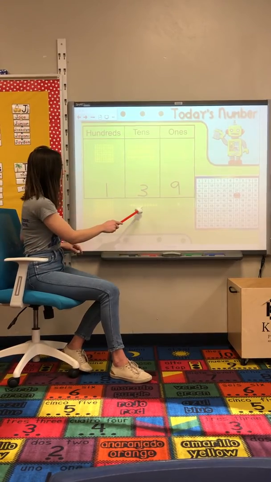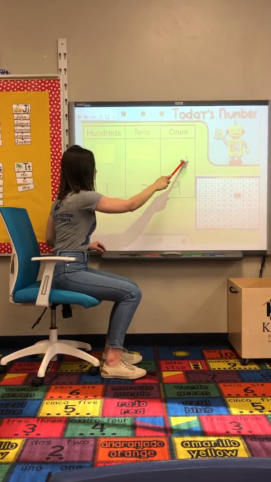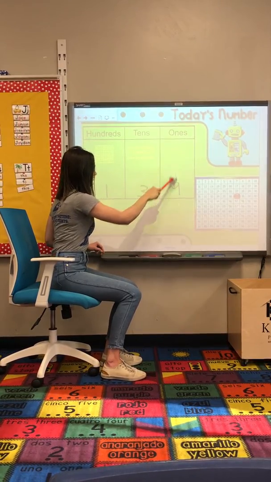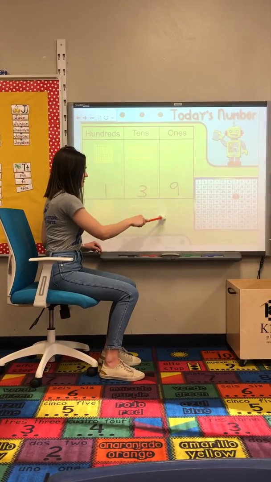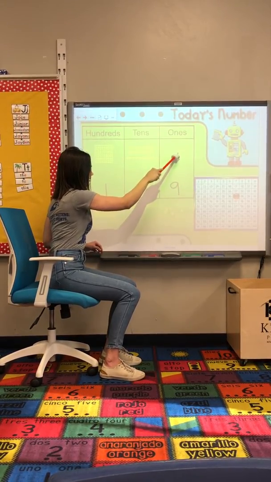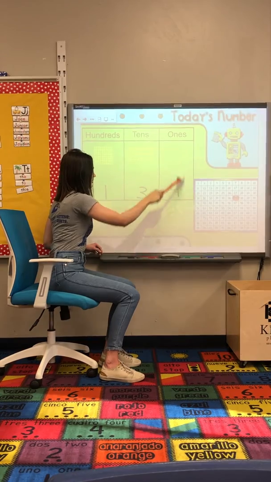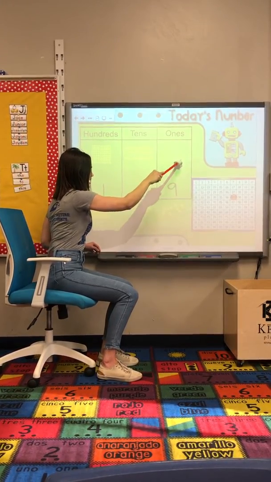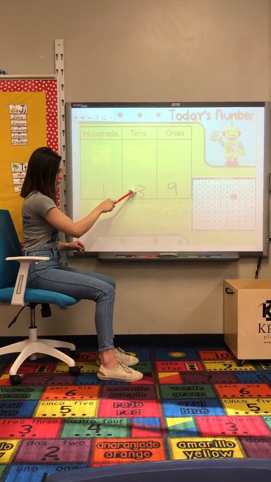That's right, we need to get rid of all of those. We're just going to drag them down here for now, and we get to trade those in for a bar of 10.